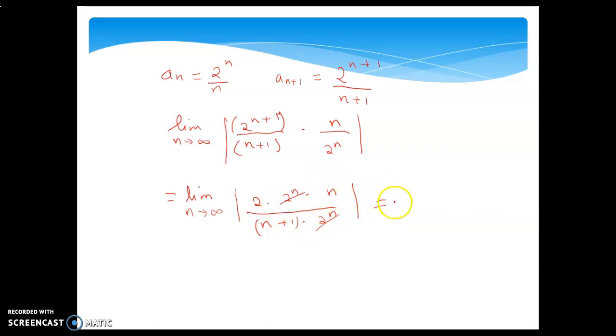This cancels out. So limit as n goes to infinity of 2n over n plus 1, and that should give you 2. 2 is greater than 1, so the series diverges.